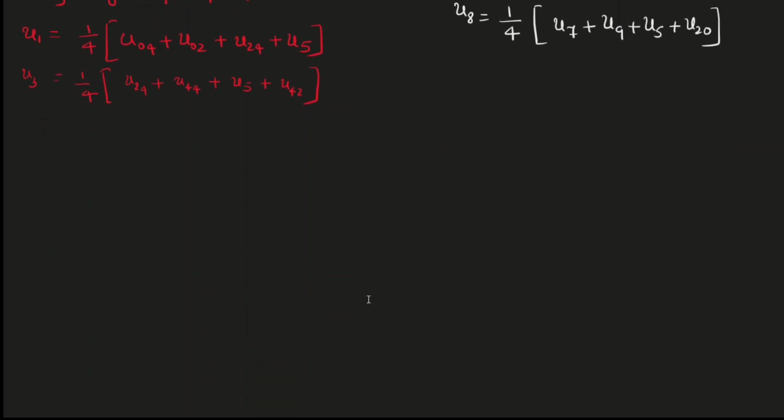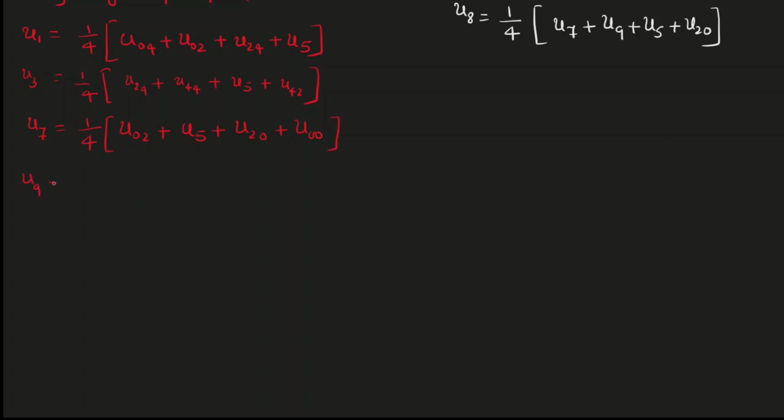Now U7 equal to 1 by 4: U02, U5. Just check the table. U20, U00.